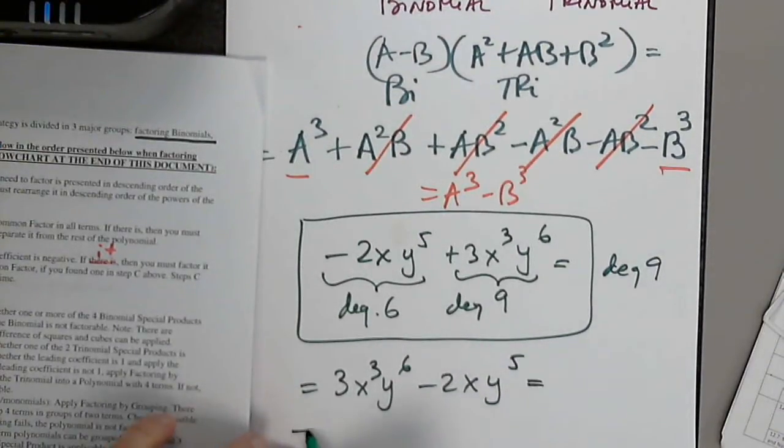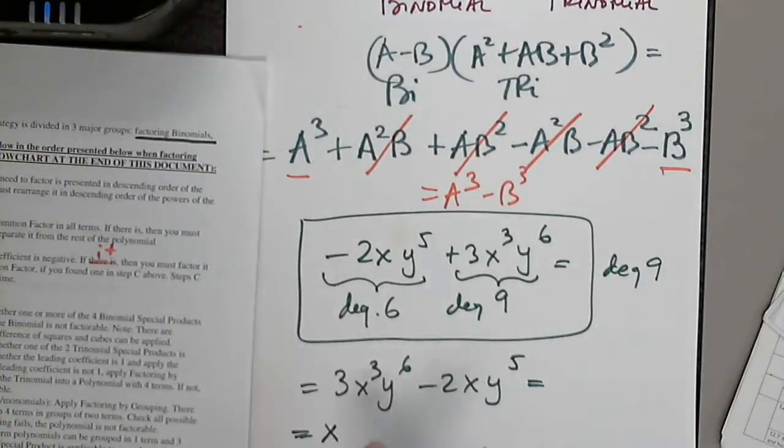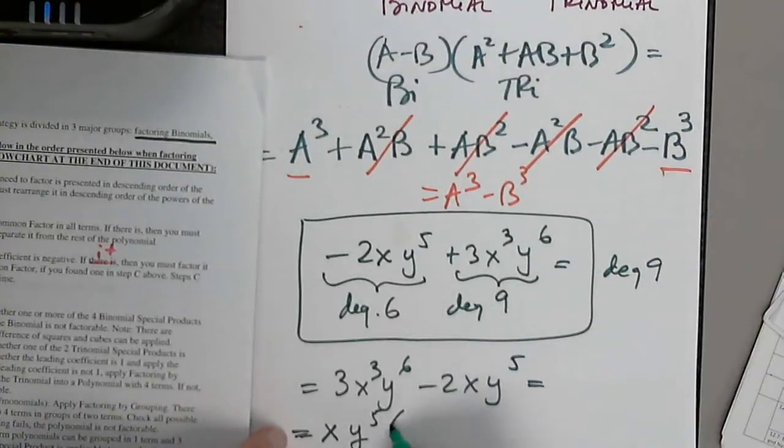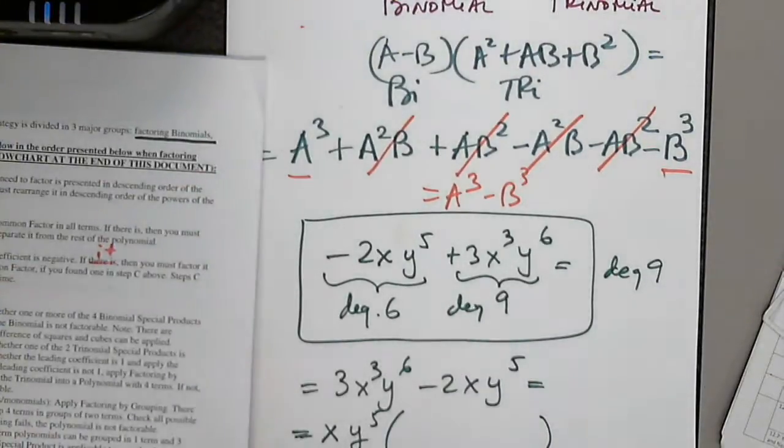Can anyone give us what is common to both? Yes, x is common. At which power? The smallest of the two. Yes, perfect. Now y is common at the power smallest of the two. Indeed.